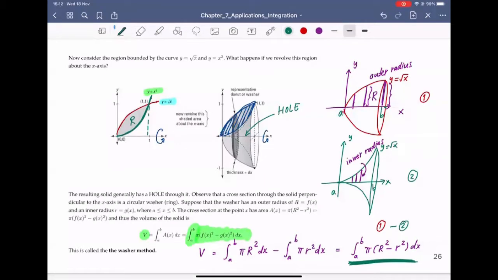This method with the hole is sometimes called the washer method in some books. Actually, washer method is the more popular name compared to "with the hole," but that is just your preference. All right, so we're going to look at more examples of this method with the hole inside, or what we call the washer method.